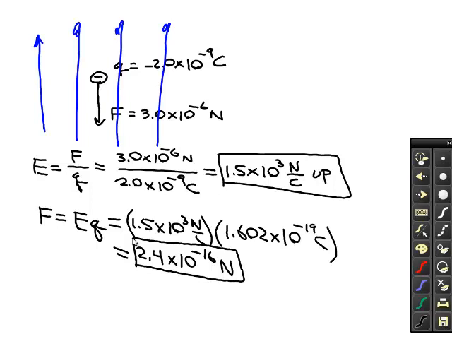Next. It gets bumpy from here. What's the magnitude of the gravitational force on the proton? All right, set a proton in here. He's experiencing an electric force up, a gravitational force down, which is just mg.